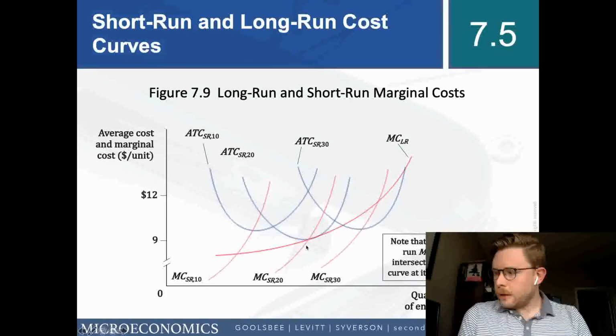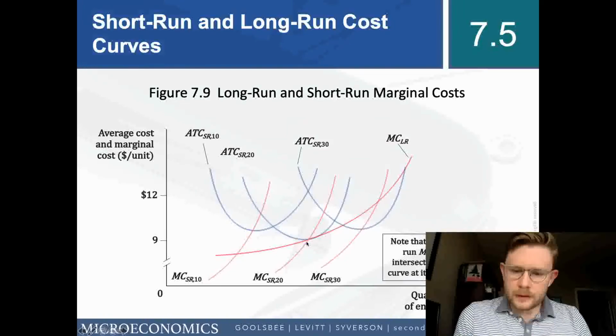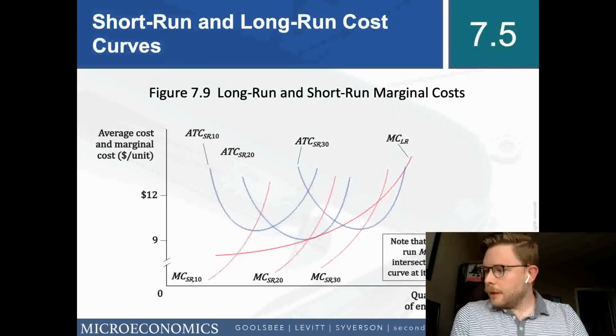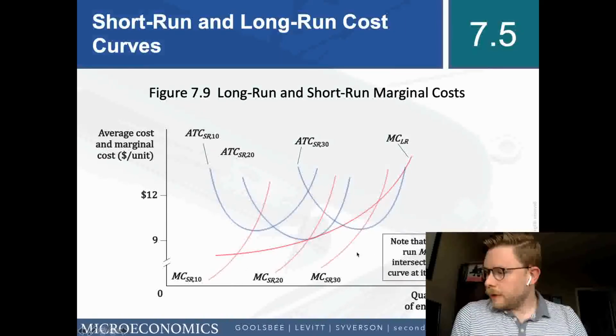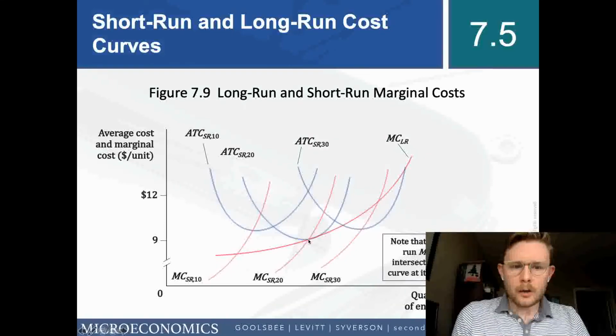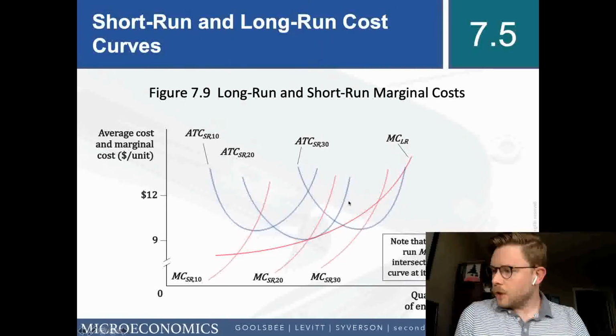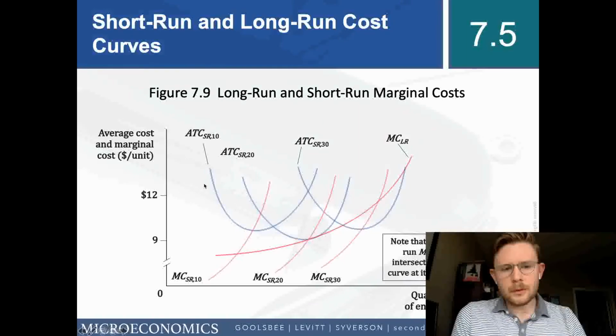Also, you'll notice that if you remember in the previous slide, the long run average total cost curve passes through this point Y. Well, our marginal cost curve also passes through that point. If you imagine that the lower envelope is here again, the long run average total cost curve, it'll look something like this. It'll pass through this point, and then it'll start rising again.